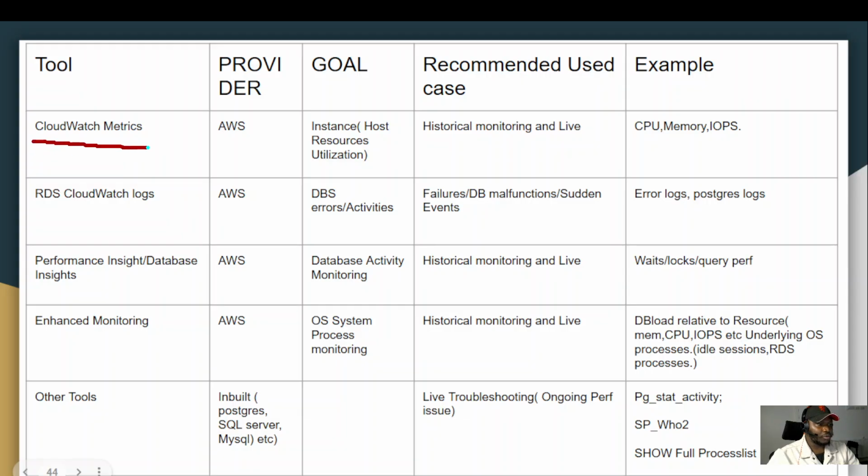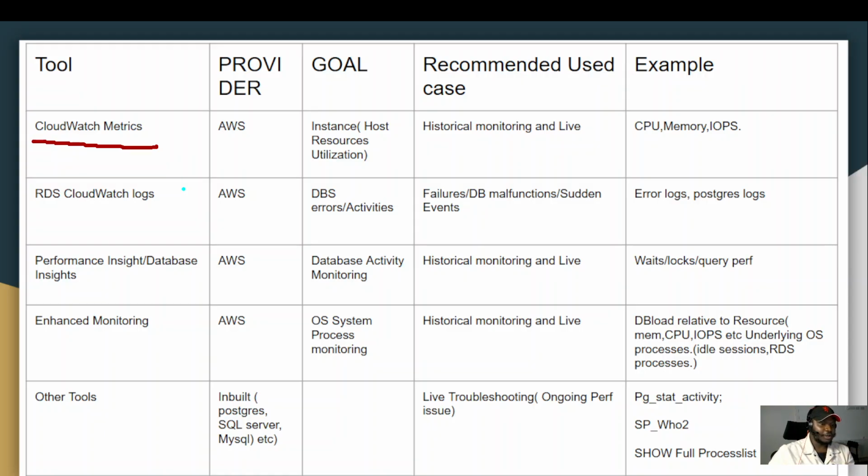So what are CloudWatch metrics? These are metrics that you use to monitor your global instance resources, like the underlying host. Remember, I told you last time that your RDS instance, let's say SQL Server instance, Postgres instance, or MySQL instance, is being hosted on an underlying host.